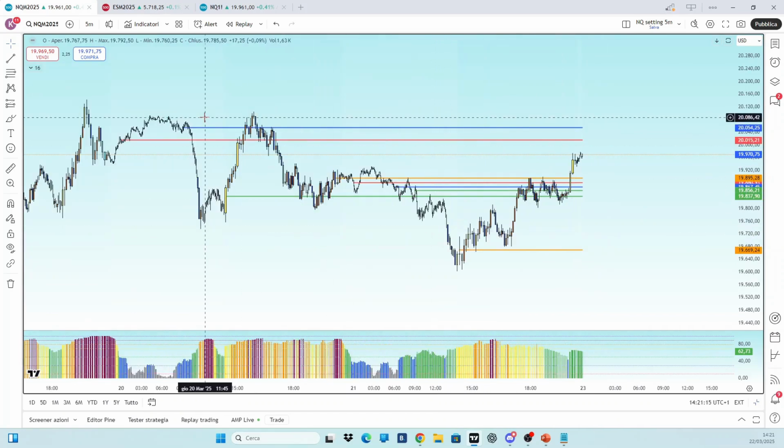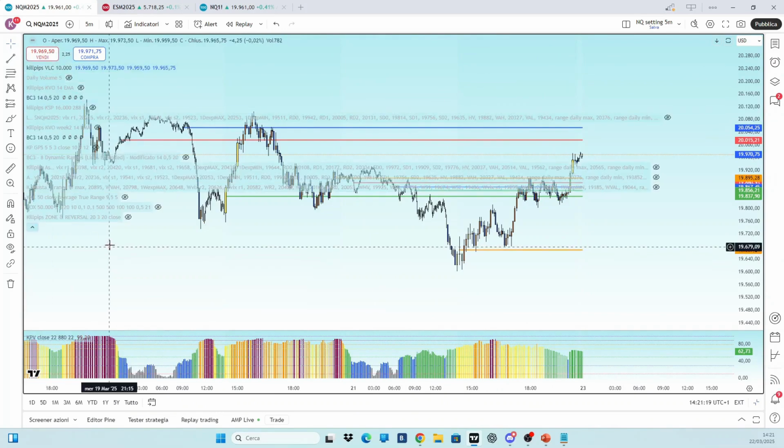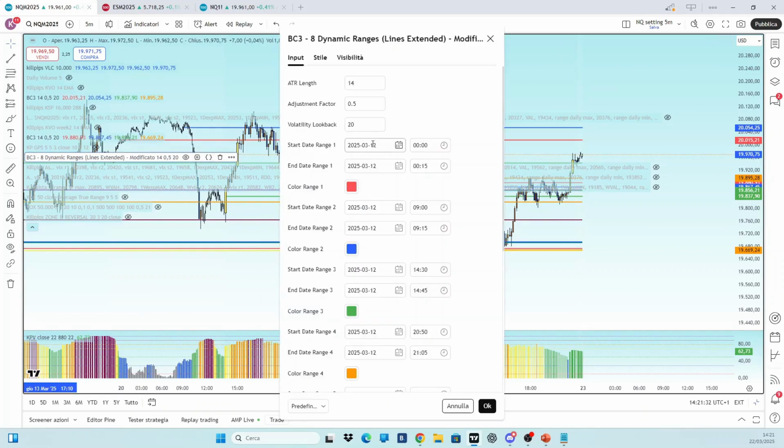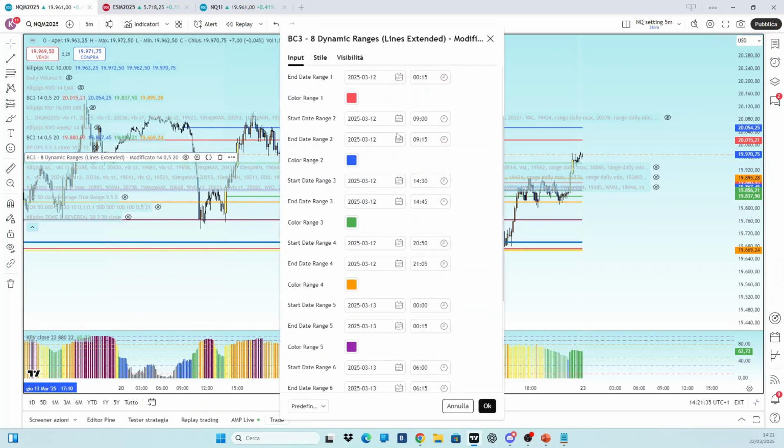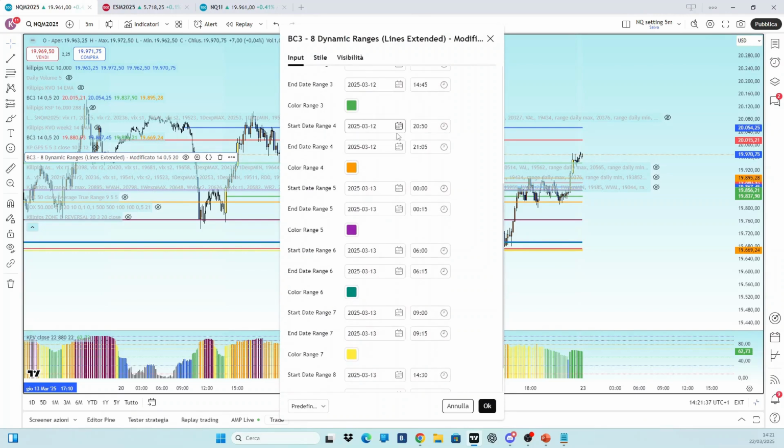So this is how you can set the indicator. After the PC3, the new version of PC3 will be more or less like this. Here on this one, I will show a bit. I haven't released it yet, and I don't know if I will release it because it doesn't update as desired.